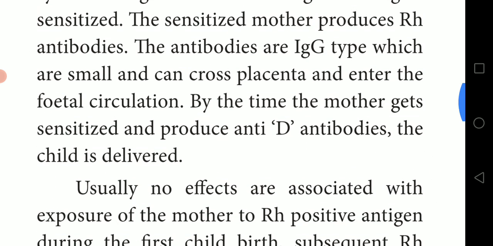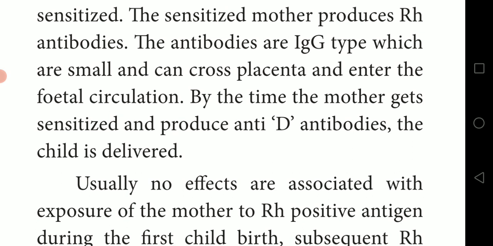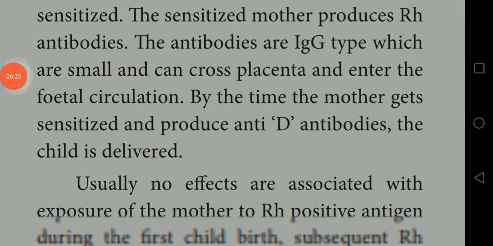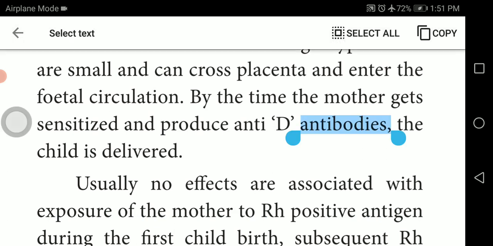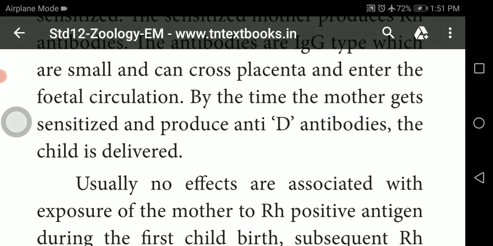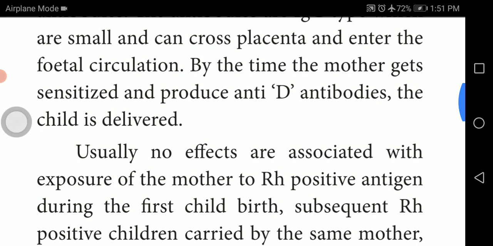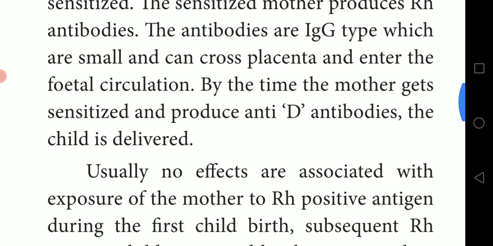The child's blood and the mother's blood are both mixed. The Rh negative mother receives blood from the Rh positive child, becomes sensitized and produces anti-D antibodies, and the child is delivered. So these are a few pieces of information.